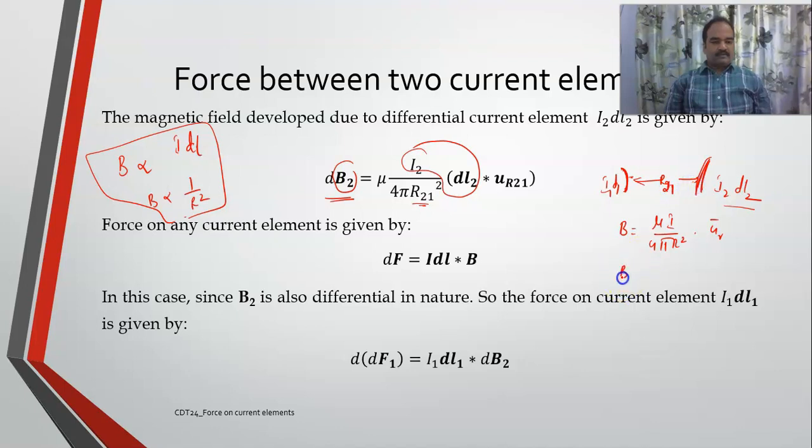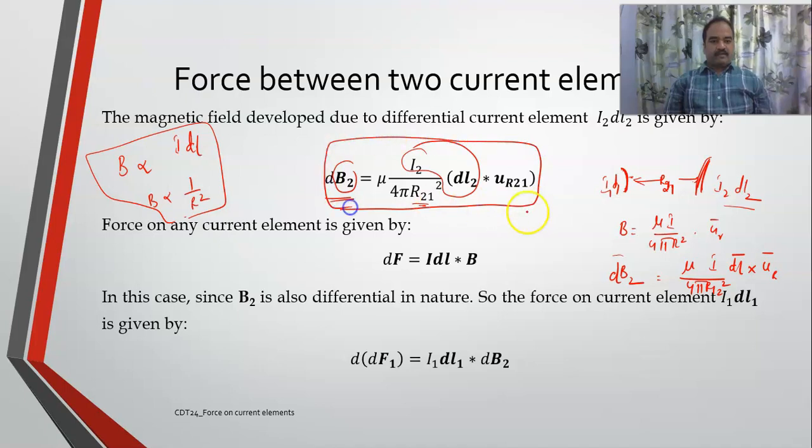So dB2, due to the differential element, I'll take as I dL into UR by 4 pi R12 square. This is what I have written here, where dL2 is in this direction and UR21 is in this direction. This is UR21 and this is the dL2 vector.